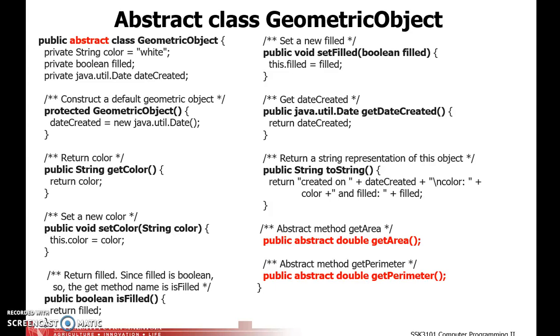Abstract class GeometricObject contains a few methods. Can you name them? Generally, there are 8 methods, excluding the constructor. 6 of them are concrete methods, in the black color text, and all of them have their implementation. 2 out of the 8 methods are abstract methods, as referred to in the red color text, namely getArea and getParameter methods.